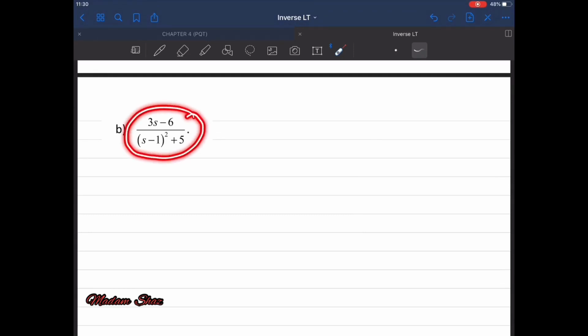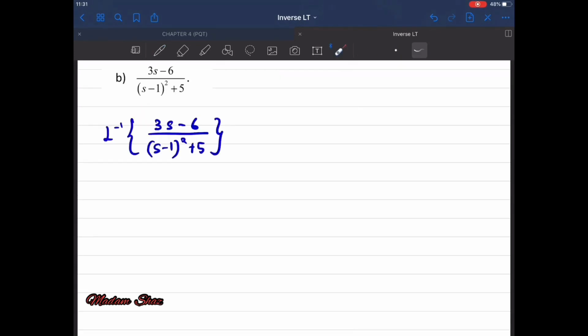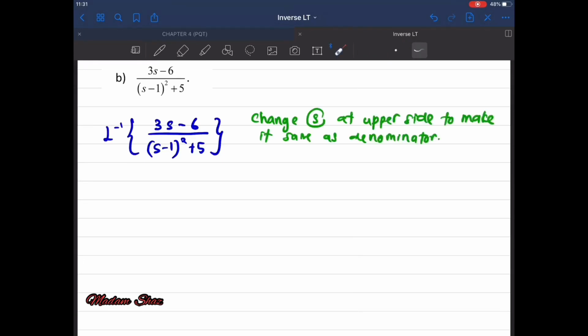3s minus 6 divided by s minus 1 squared plus 5. As we can see here, s at the upper side is not the same as at the bottom side. So the first step, write Laplace inverse, curly bracket for the whole thing. Now we have to change s at the upper side in order to make it the same as at the bottom side. So s at the bottom side is s minus 1.